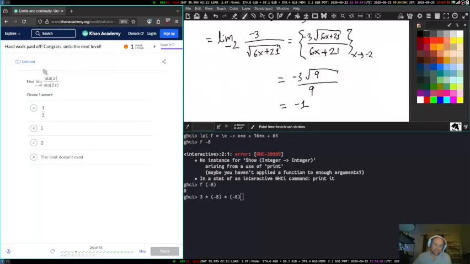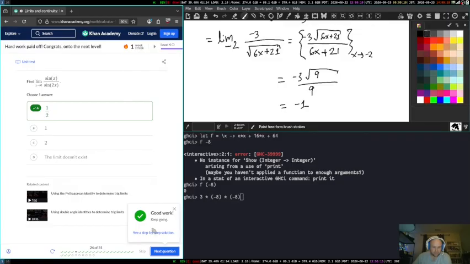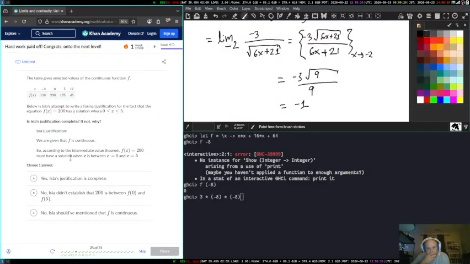This is a classic example of L'Hopital's rule, I would say. So you do cosine. It's going to be 1/2. Pythagorean identity. Okay, I don't know. I used L'Hopital's rule. F is continuous.